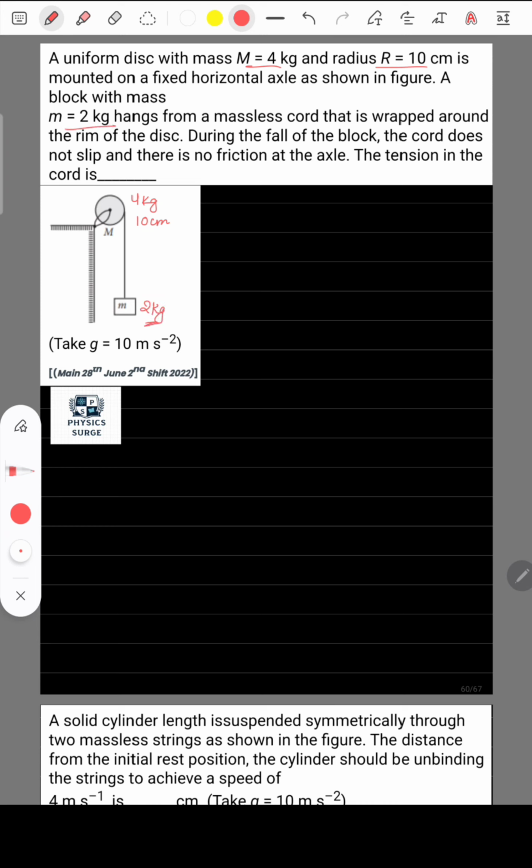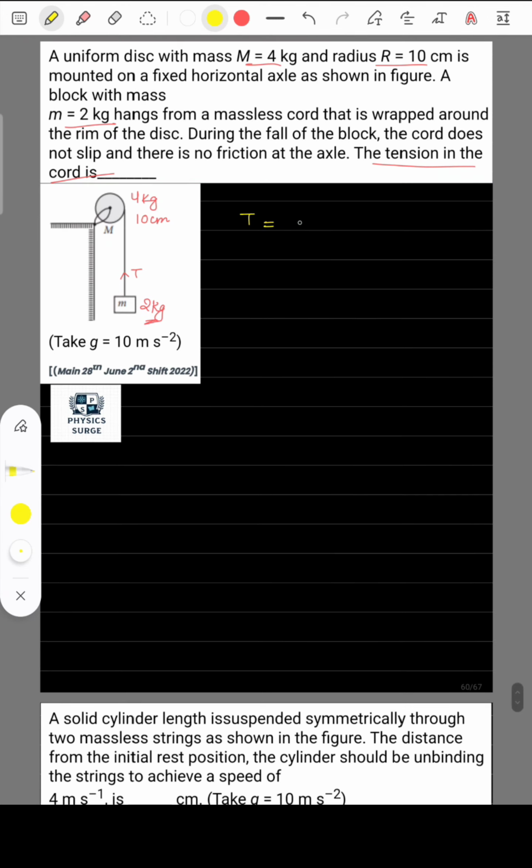Tension here will be nothing but m into g minus a, where a is the downward acceleration of the block. Due to the downward acceleration of the block, a pseudo force will be acting upward on the block. That's why we have written m times g minus a.